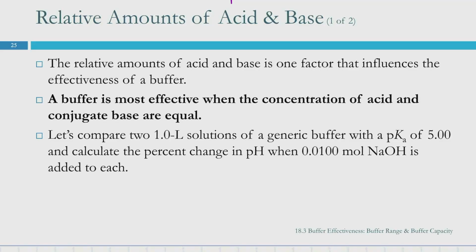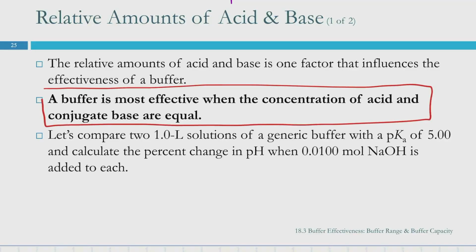All right, more about our buffers. The relative amounts of acid and base influence the effectiveness of the buffer. And we've got this big bolded bullet that I'm going to box in. A buffer is most effective when the concentration of acid and conjugate base are equal.